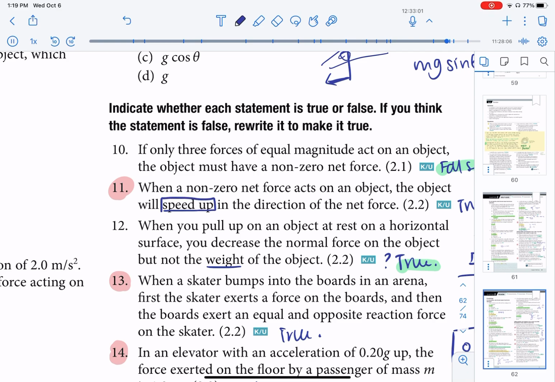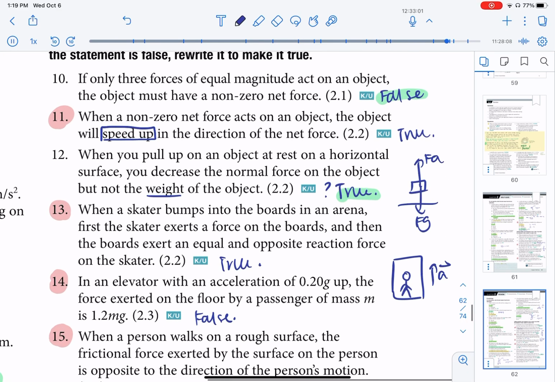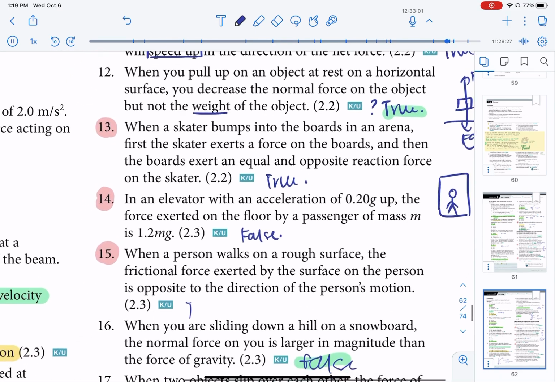So that question has static friction causing an acceleration. So you would have your car.